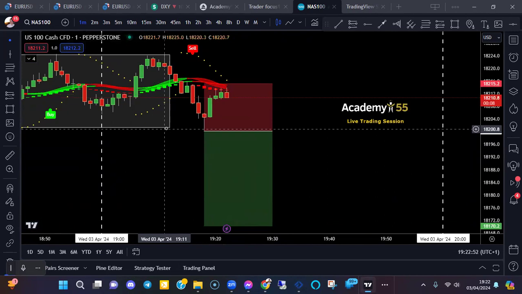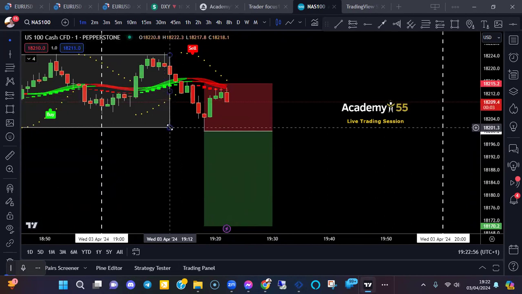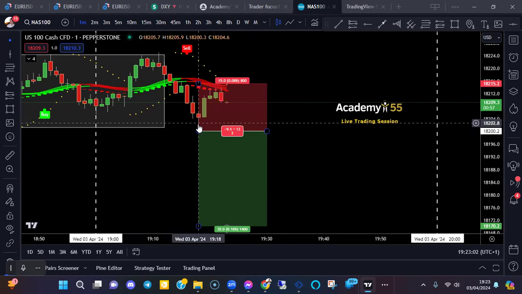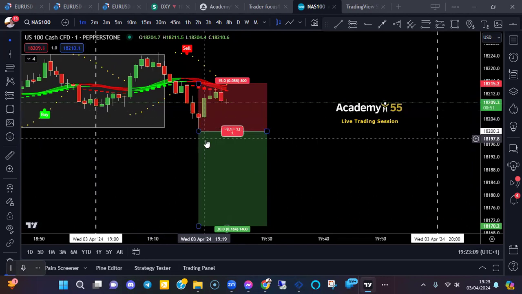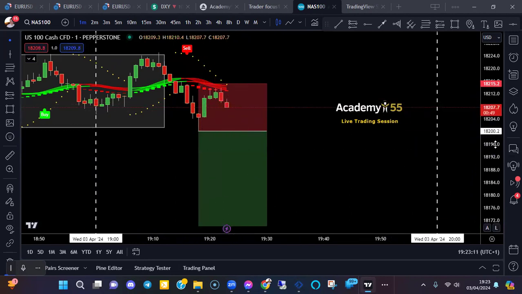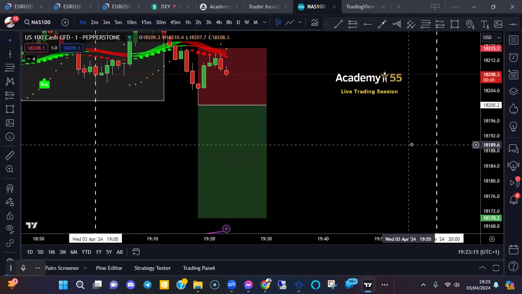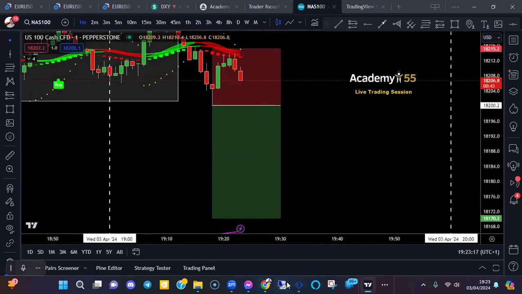Maybe I could have waited till price opened below this consolidation area here, whereas I waited for price to poke its head below there. I should have waited for the next candle to be down there, and that just didn't happen. So I lose 1%.